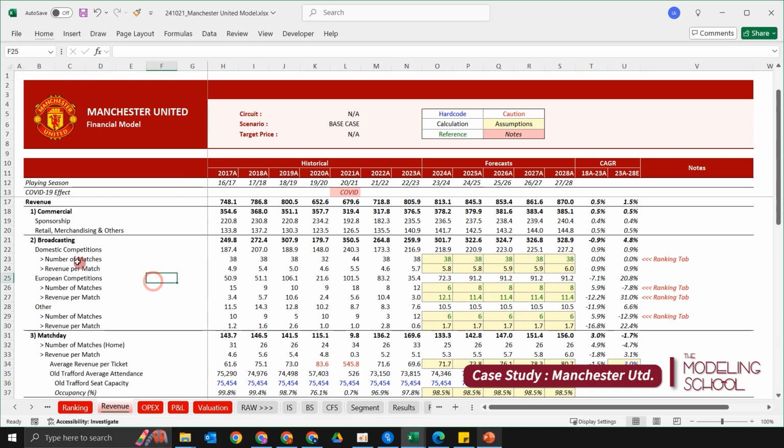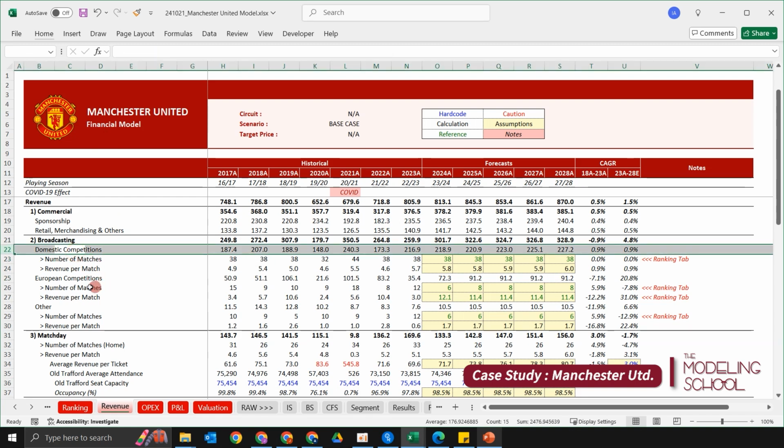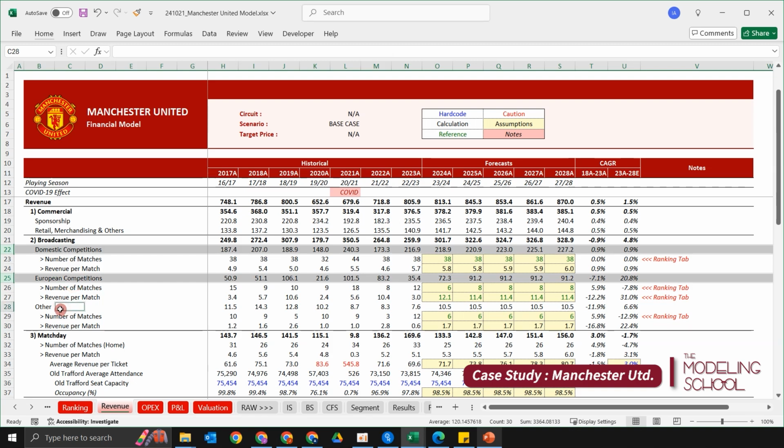And then we have a huge portion of broadcasting revenue, and broadcasting revenue is simply revenue created from broadcasting their games. And the interesting thing is that the broadcasting revenue is very different by the nature of the games.